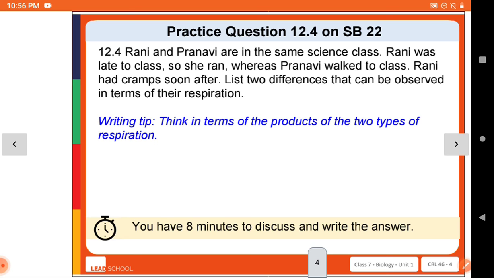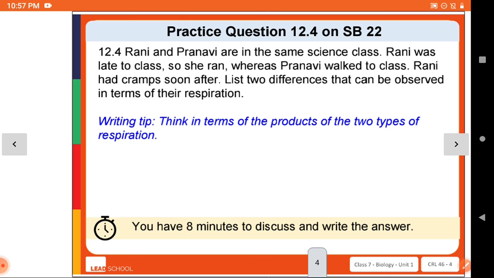We're going to repeat this question. Rani and Parnavi are in the same class. Rani was late to class, so she ran, whereas Parnavi walked to class. There is a difference in the situations of Rani and Parnavi: Rani goes to class running and Parnavi walks to class.